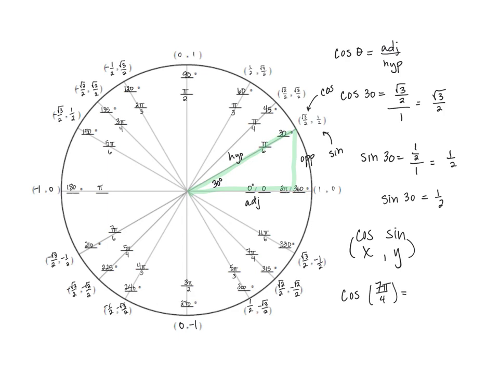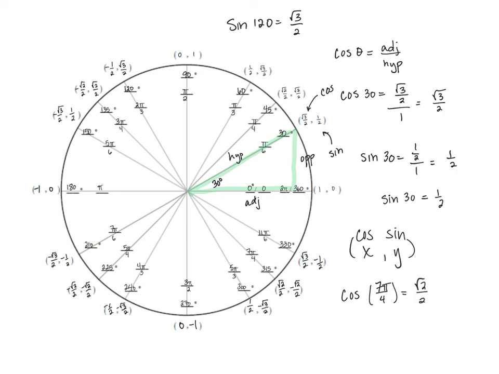So that's going to give me square root of 2 over 2. If I want to know my sine of 120, I go to 120. There's 0, I go to 120. Sine value is my y value, square root of 3 over 2.